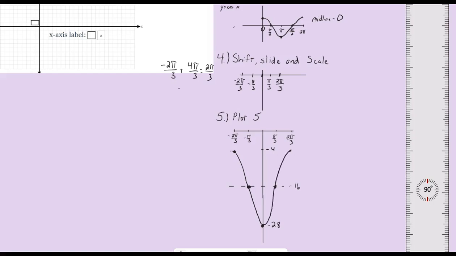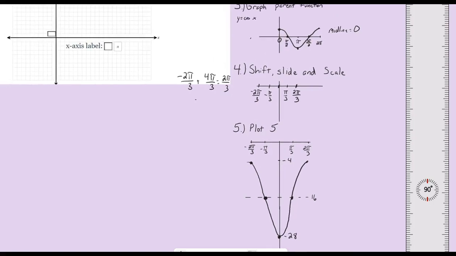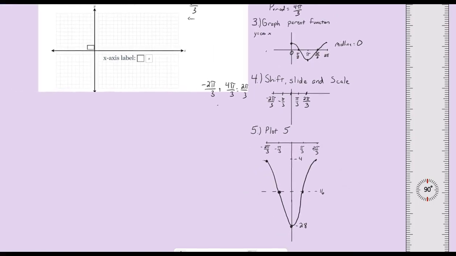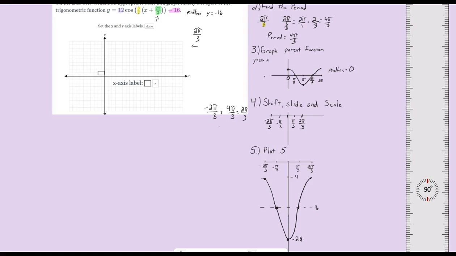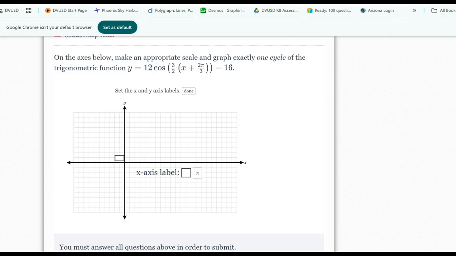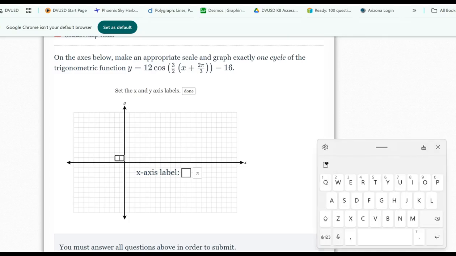Alright, now we have to go and graph this, which means we have to choose our x-axis label and our y-axis label a little carefully. So let's go do that. I have to get down to negative 28, so my y-axis label is probably going to have to be 4, so I can get down to negative 28. I don't think 2 would be enough. And then the x-axis label.